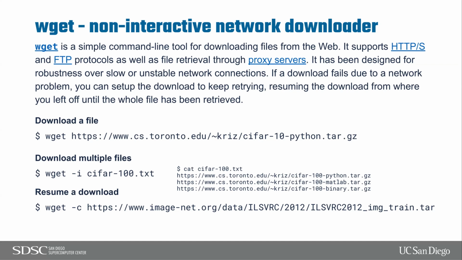But this tool wget is what's known as a non-interactive network downloader. Essentially what it does is, if you've provided a URL, it will download that URL's contents to the system where you run the wget command. And this is a very common tool.